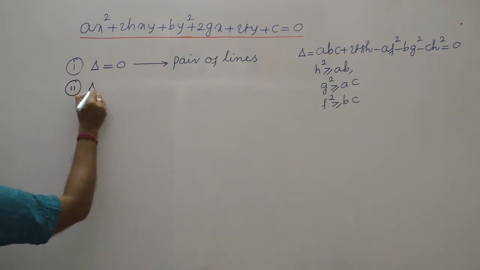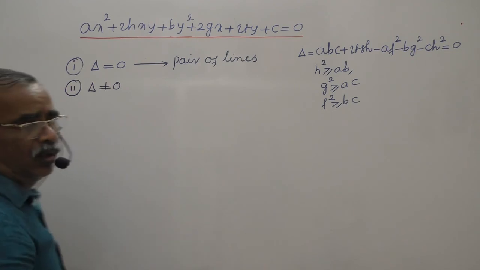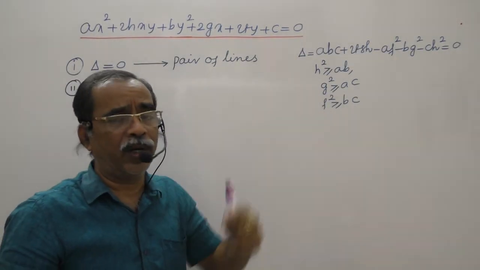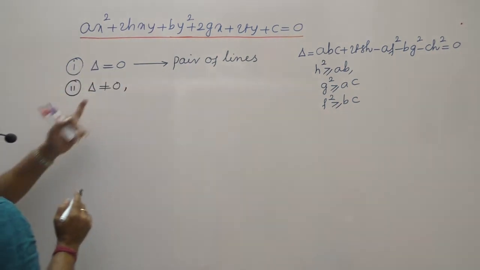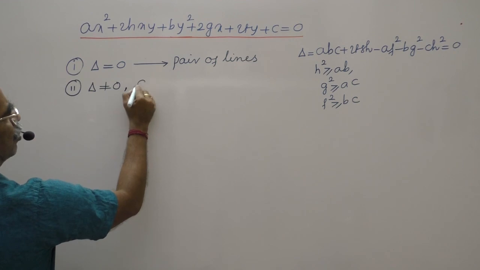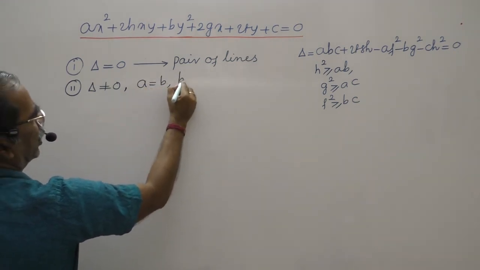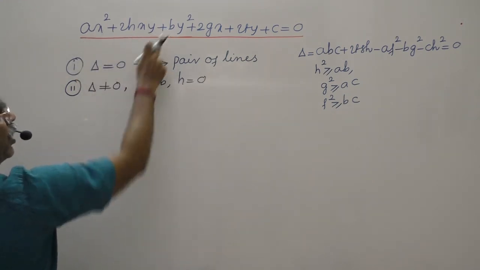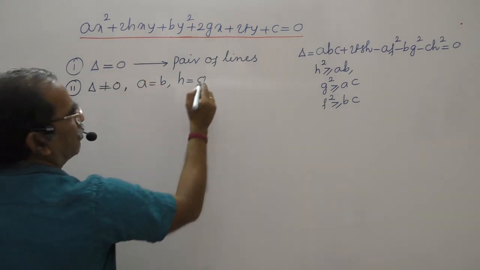Okay. Now, if delta is not equal to 0, it means it is not a pair of lines now. So together with this, when delta is not equal to 0, if A is equal to B and H equal to 0, that means x square, y square coefficients are equal and there is no xy term.